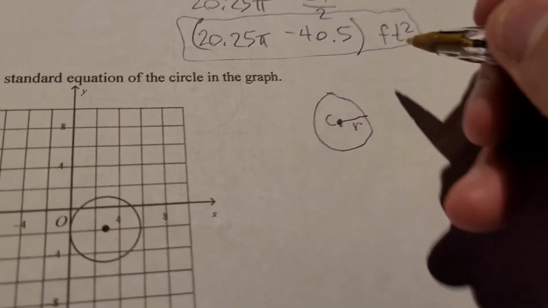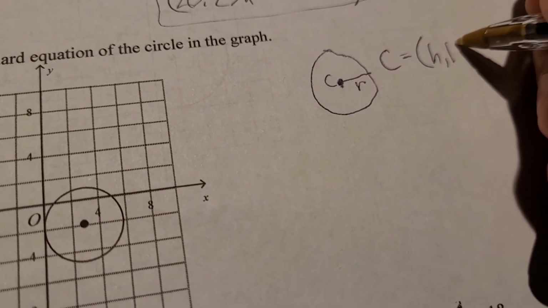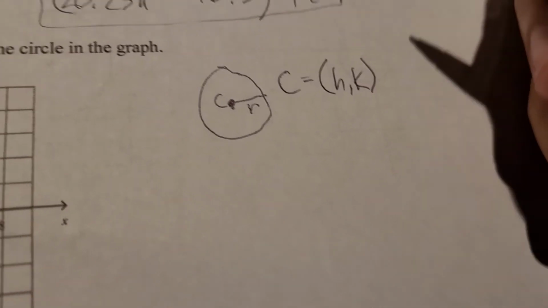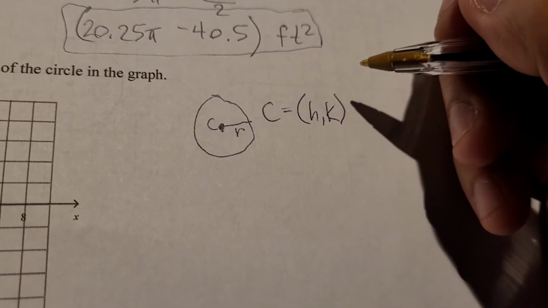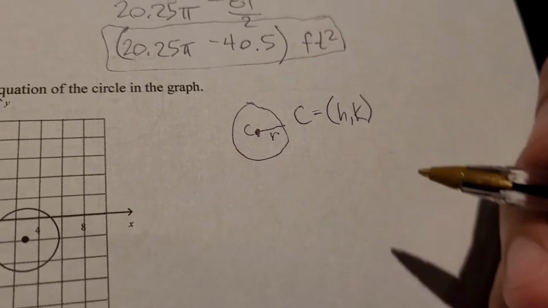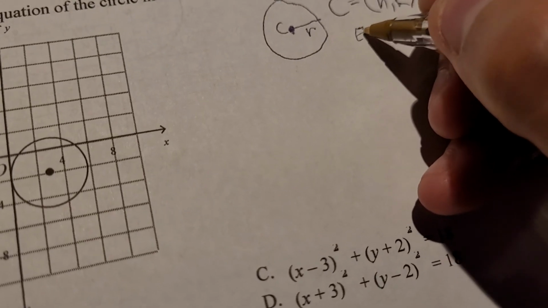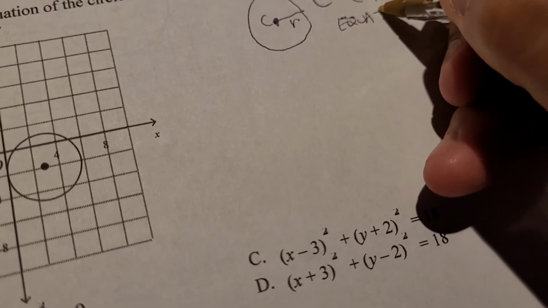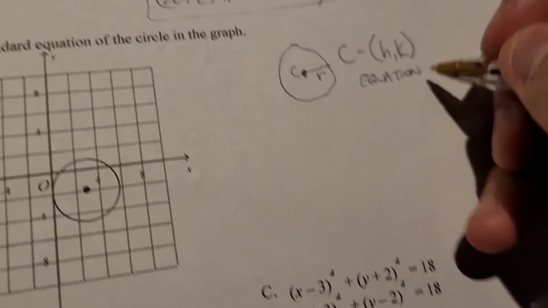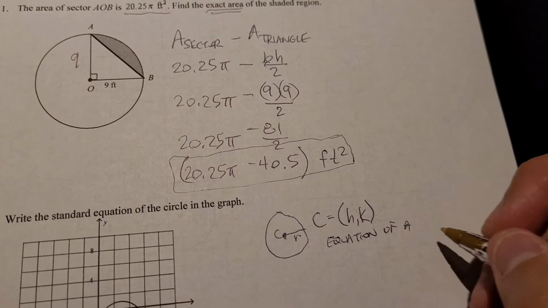Whatever that C is, that's going to have the coordinates h comma k. So in other words, h is going to be the x coordinate for your circle, and k is going to be the y coordinate for that circle. And you need this because of the equation of a circle in standard form.